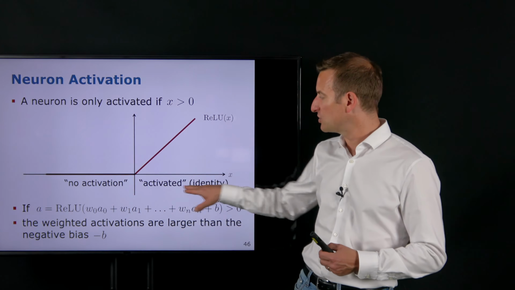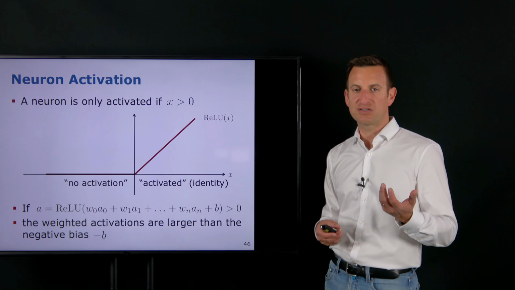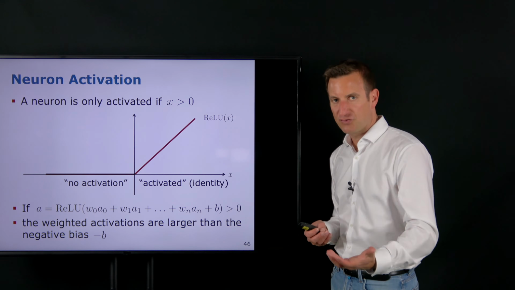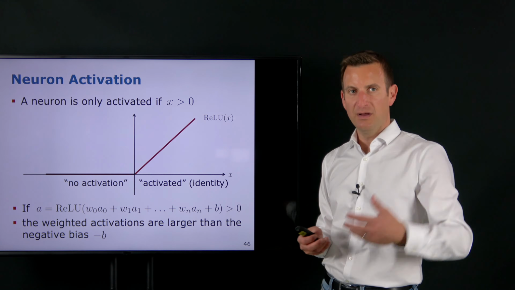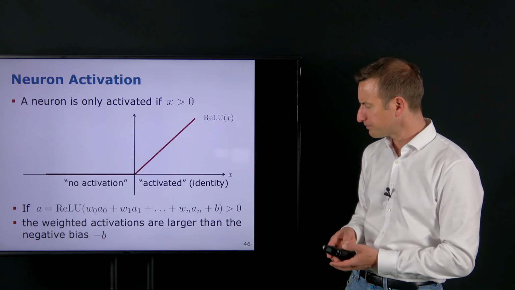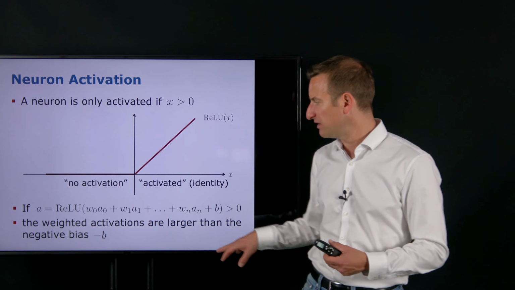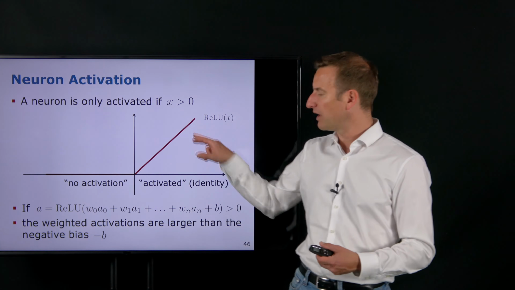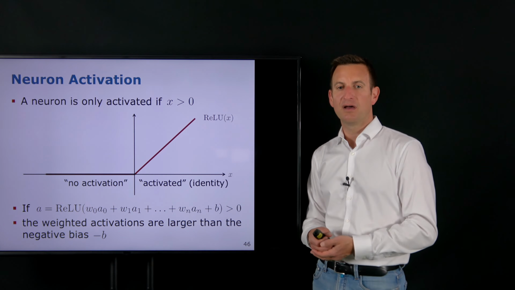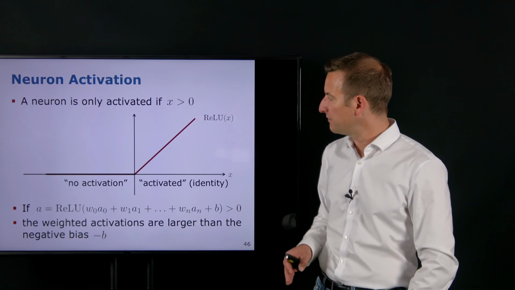We have an activation over here, but the larger the input value, the stronger the activation of that neuron, and so the stronger the effect of that neuron will be on the subsequent layers. And again, as before, b is our bias, which tells us where I start to go from the constant 0 function to the identity function.